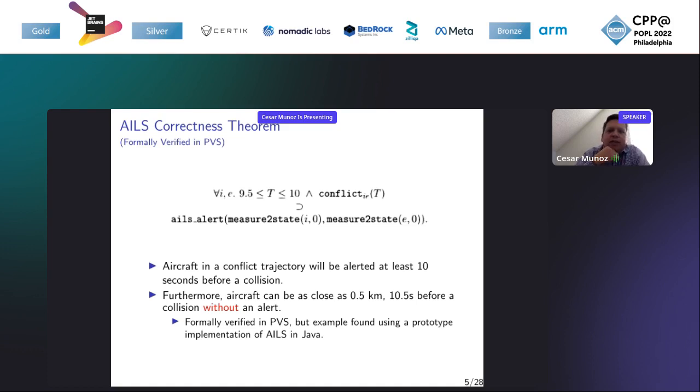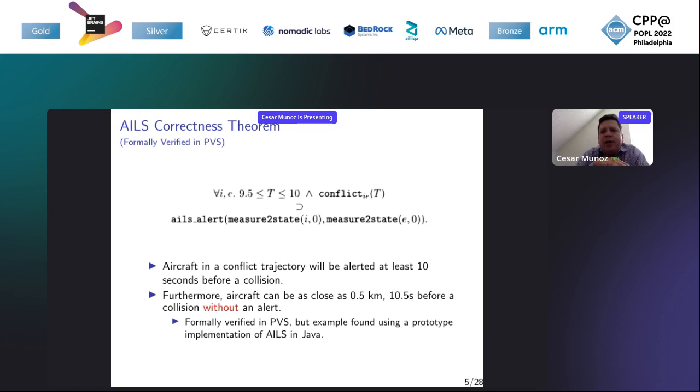So what is an aircraft trajectory? In order to prove this theorem, we have to assume particular trajectories for the aircraft. For the on-chip, as I said before, we are assuming that it is flying a constant speed, straight line trajectory, no maneuvering. So the only aircraft that is maneuvering is the intruder aircraft. The trajectories considered for the intruder are represented as differentiable functions with some constraints based on the bank angle of 45 degrees.